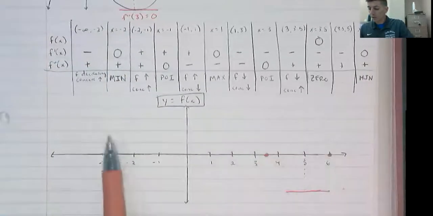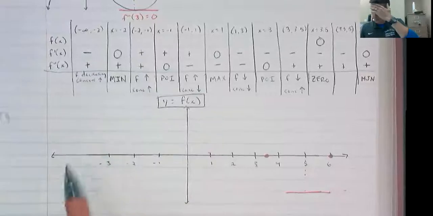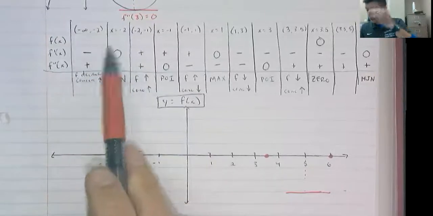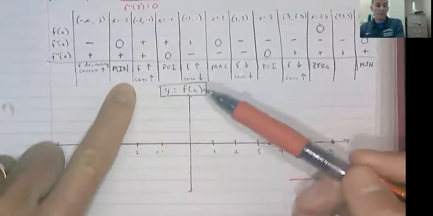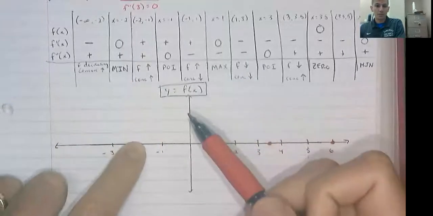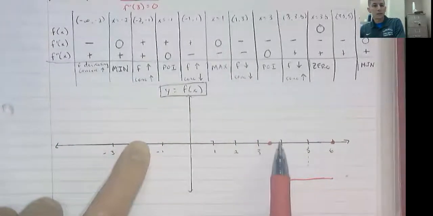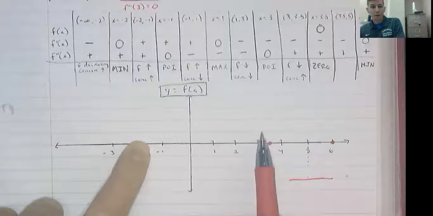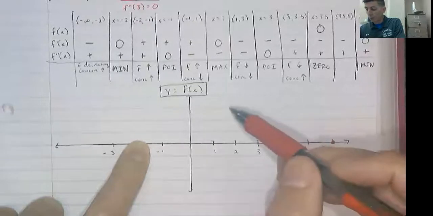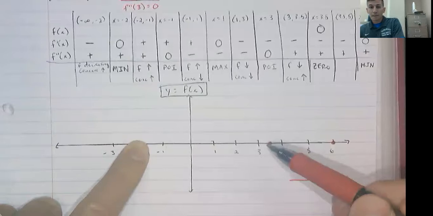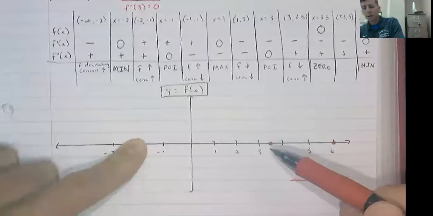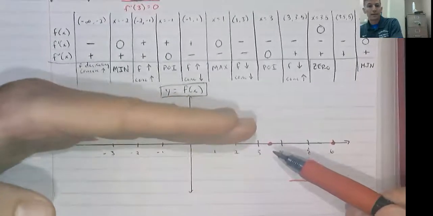Okay, so starting with -2, we know that we have a minimum. We don't know what the minimum is, but we know that it's at -2. By doing this preliminary work and saying we're going to be approaching the 0 from positive values, that means that this minimum needs to be above the x-axis.